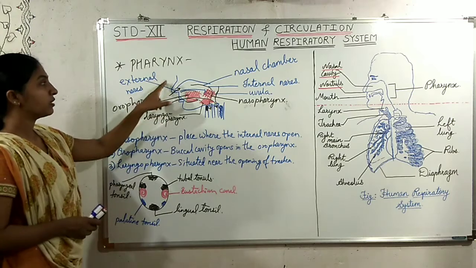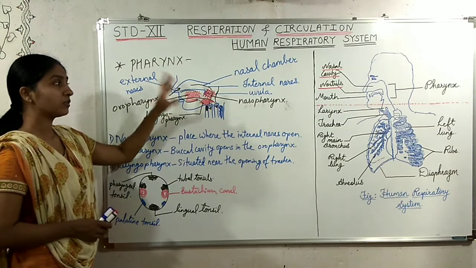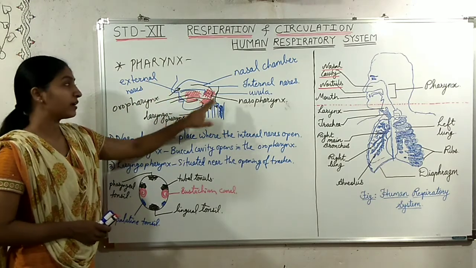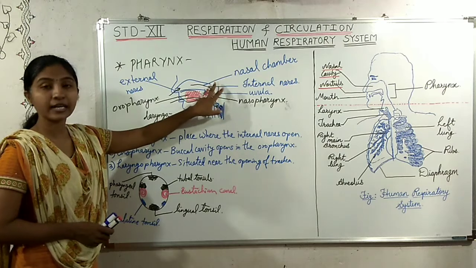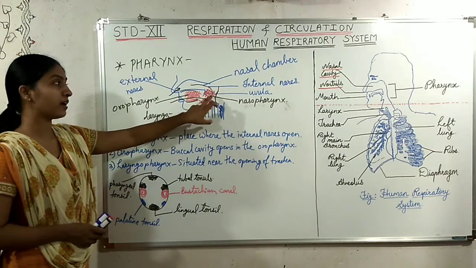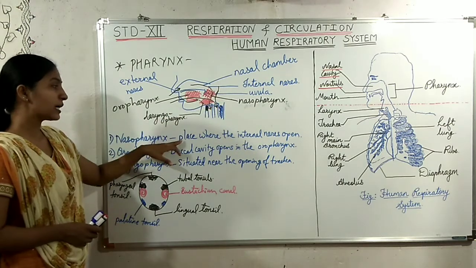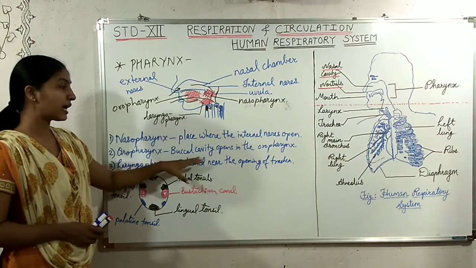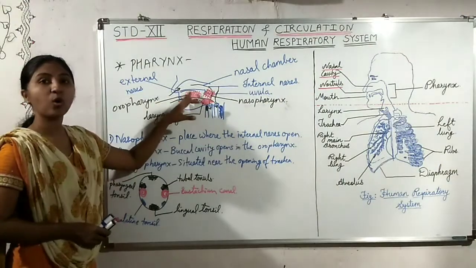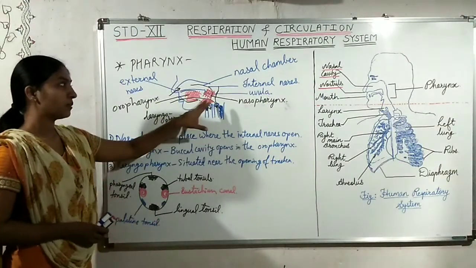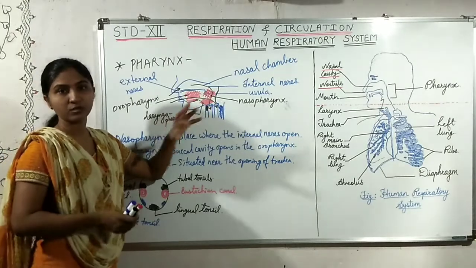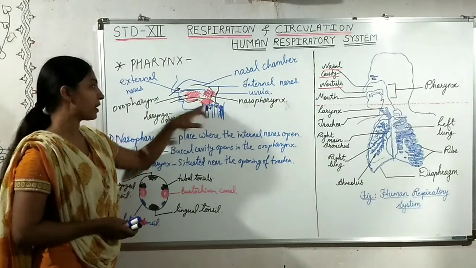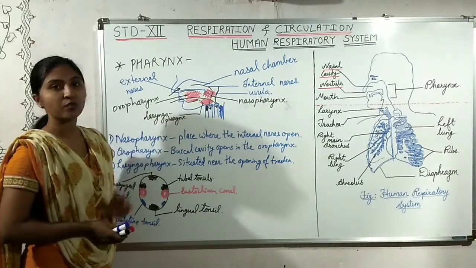Now here, the area where the internal nares open is the nasopharynx. The part where the buccal cavity opens is the oropharynx, and the part where the trachea opens is called the laryngopharynx.